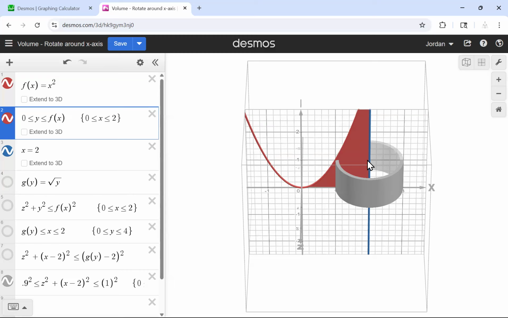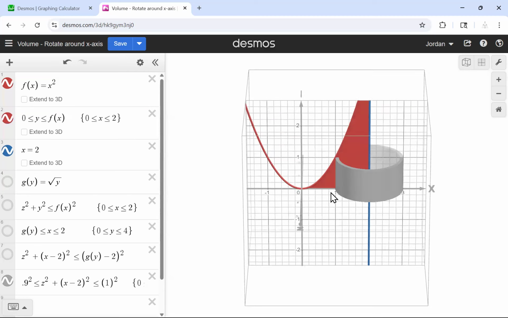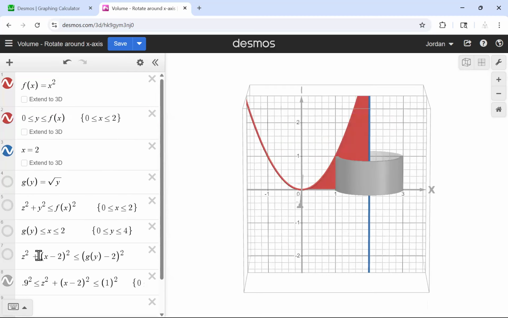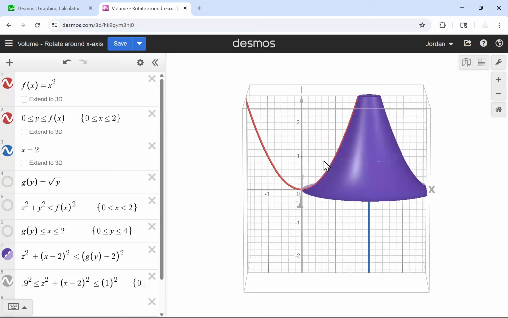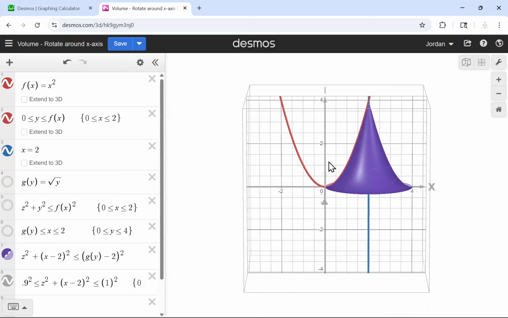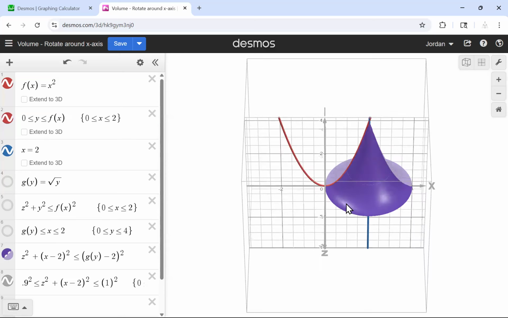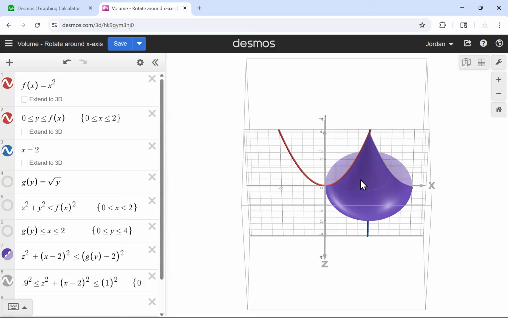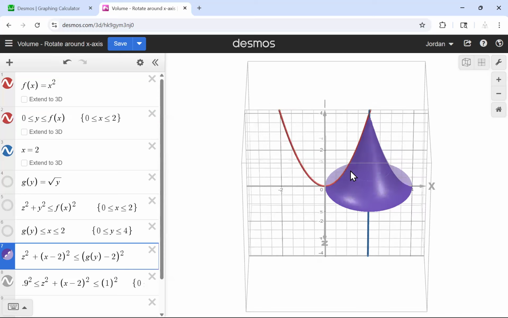Or I should say from x equals 2 down to the arbitrary x value, because that gives me a positive. Hopefully that makes sense. And then when we approximate with lots and lots of those cylinders, it fills up this object.